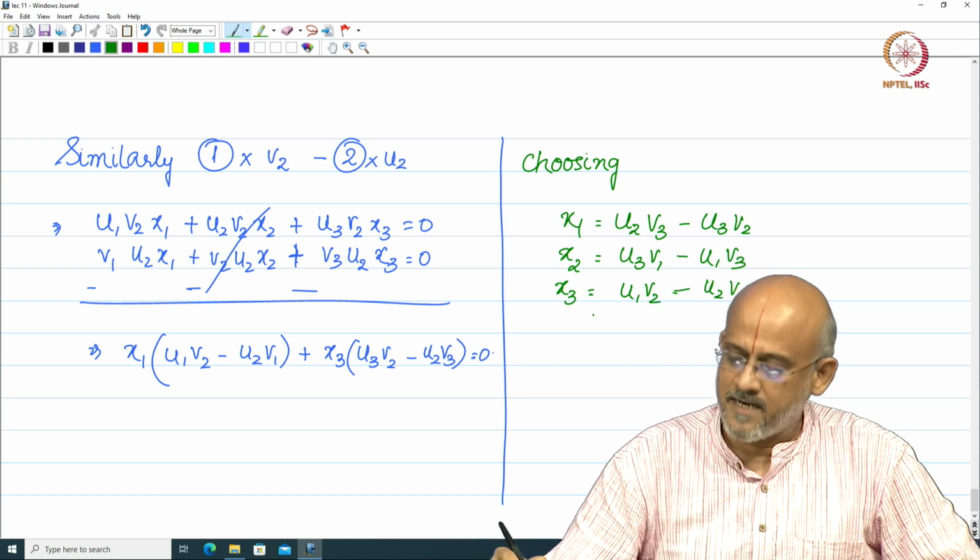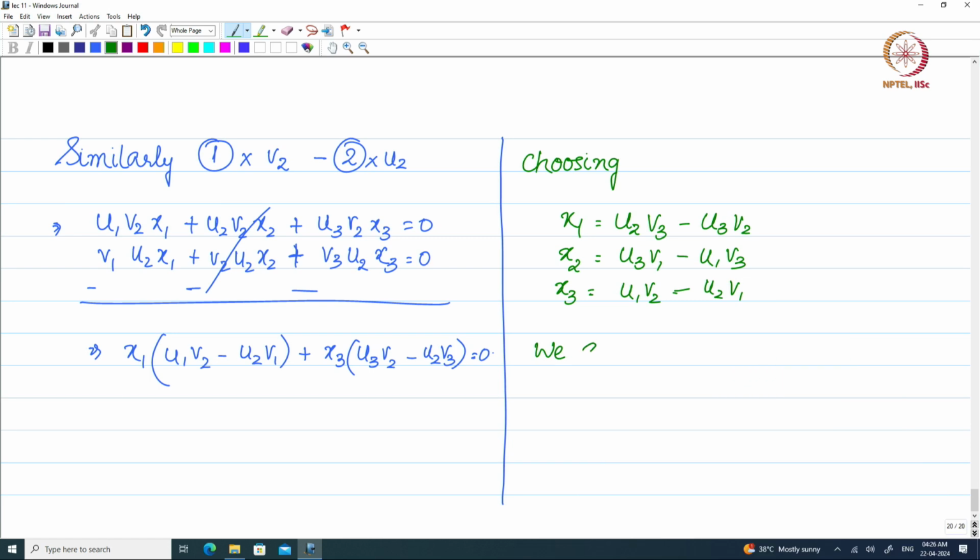We basically get, if we substitute these values in the original equation, we get A dot x is equal to 0, we get Ax is equal to 0, right.